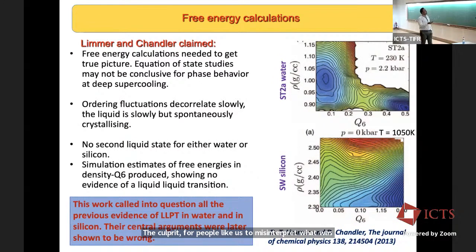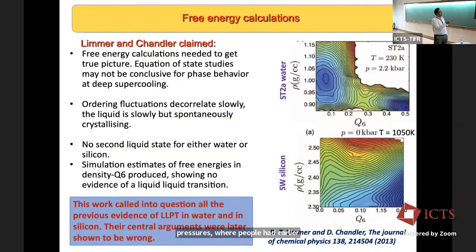And so they constructed these free energy surfaces in density and Q6, which is the global bond orientational order parameter, which if necessary, I'll describe later on, but it basically measures bond orientational order and therefore crystalline order.